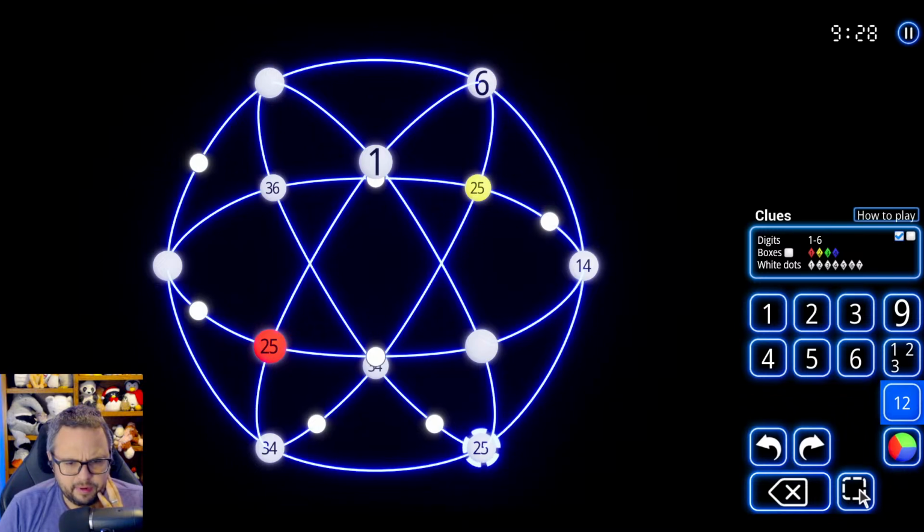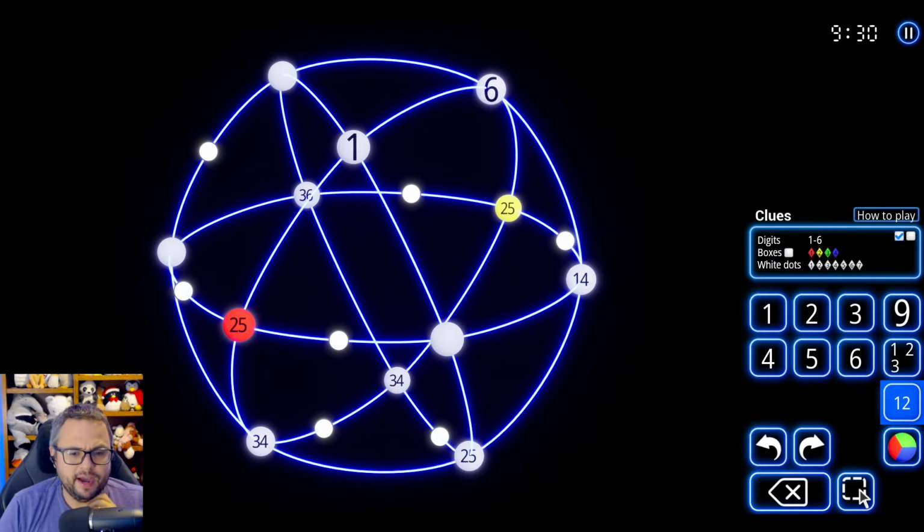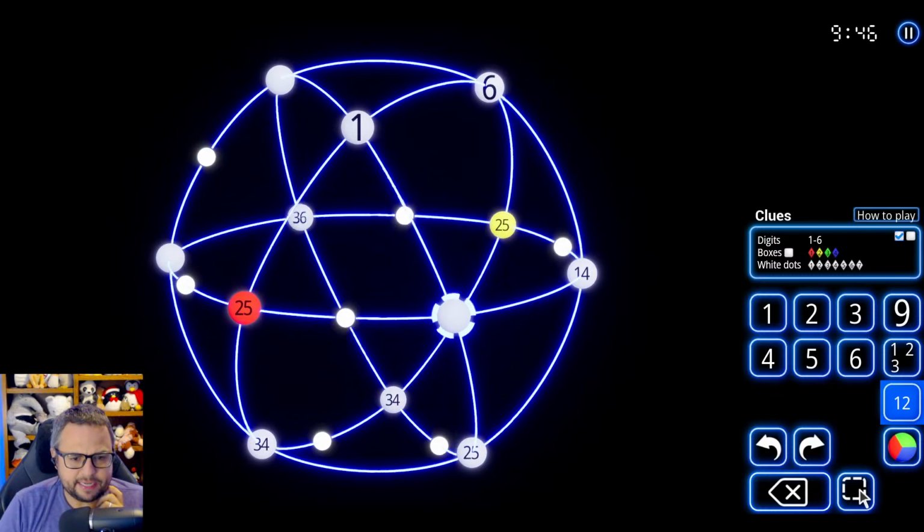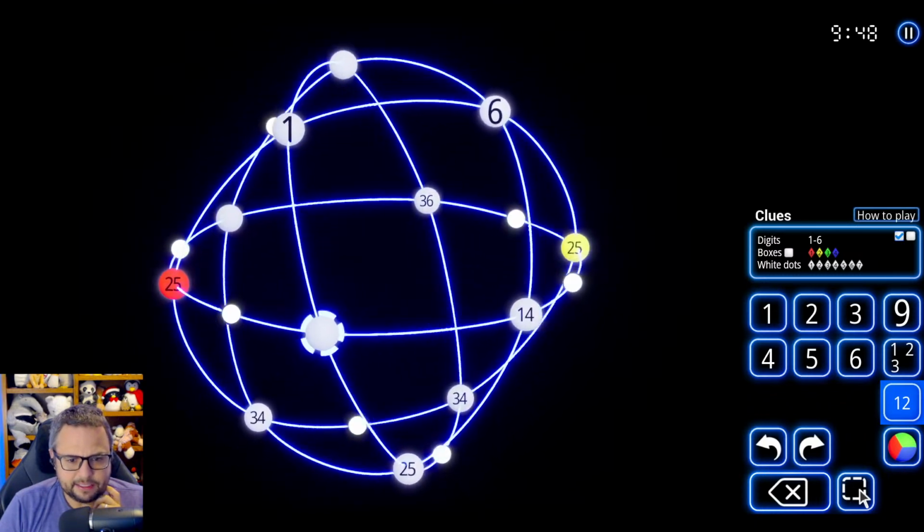Oh, no, these two can't be the same 2-5 because they're consecutive with different 3-4s. So this is yellow, actually. Oh, wait, no, sorry, I don't think that's right. Sorry, I was drawing a dot where I don't think there's actually a dot.